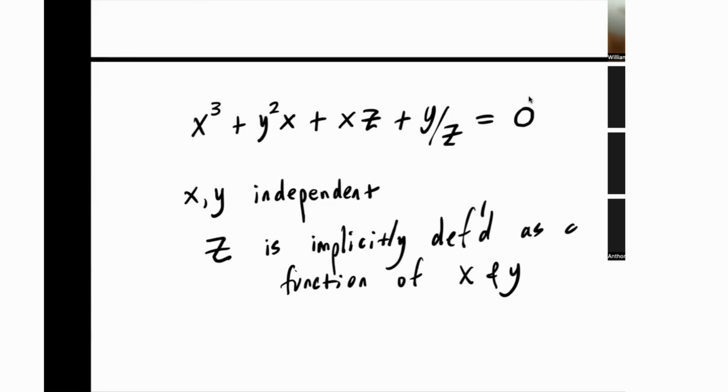I don't know if this particular example, you could probably, with a little work, write it out explicitly. z is an explicit function of x and y, but let's just say this is all we were given. And then the problem is to find the partial derivatives of z with respect to x and y.